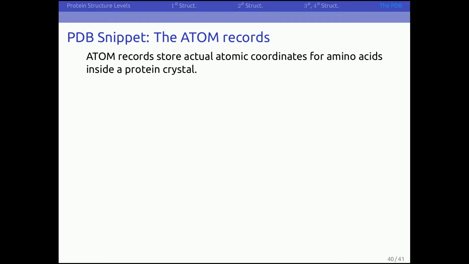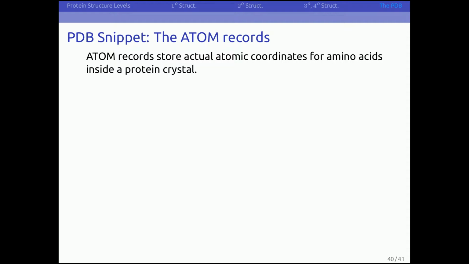Now, we're going to come to the actual methods of how you actually get the structure of a protein next week. But suffice to say that one main method of determining protein structure is through crystallization. And in a crystal, you've got hundreds of thousands of copies of the same protein that's been crystallized. And because it's been crystallized, the positions of the different atoms are fixed.